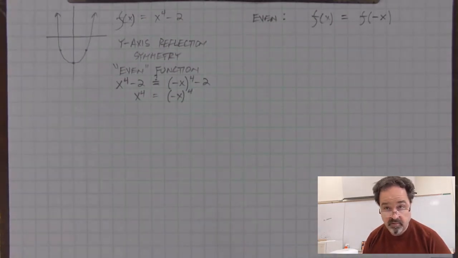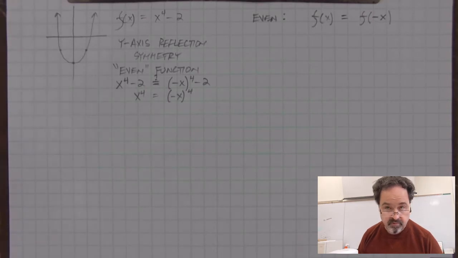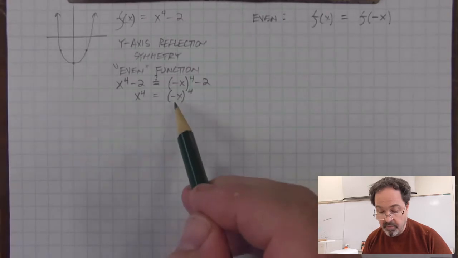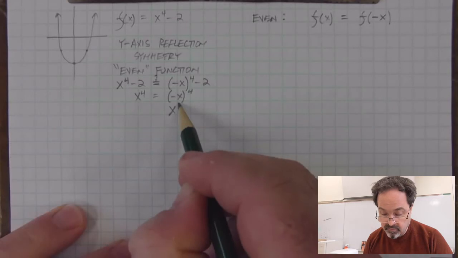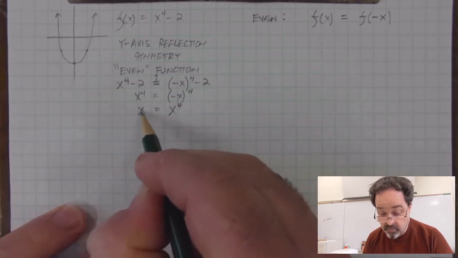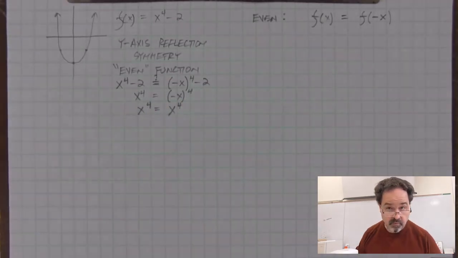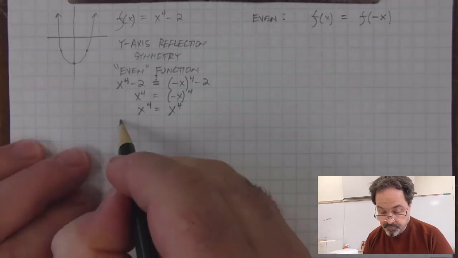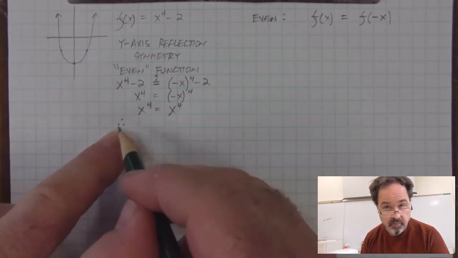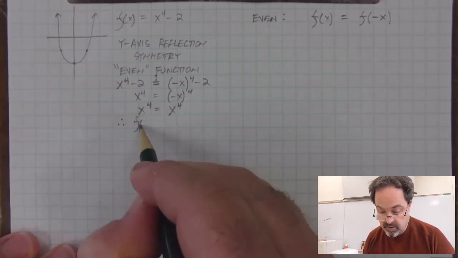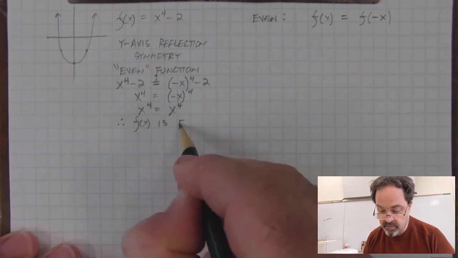Well, that's a negative that's going to cancel out by multiplying by itself, and then it multiplies by itself again and makes it negative, and the fourth and last time turns it positive again. So an even power of a negative number will cancel out the negatives and make it positive in the end, which means that it's equal to its other side, x to the fourth. So this is obviously true, and we have just justified, or therefore, f of x is even.